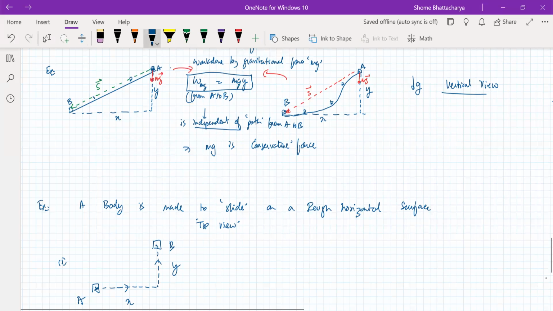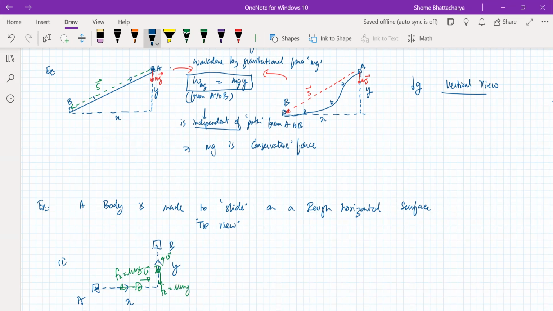As the body is moving on this path, by the time it reaches somewhere here, the direction of friction acting on it is in which direction? Backwards. There'll be a friction of mu mg acting backwards like this. Now when the body is moving on this part, if the velocity vector is now in this direction, the kinetic friction will be in the opposite direction. So it will be mu mg like this.